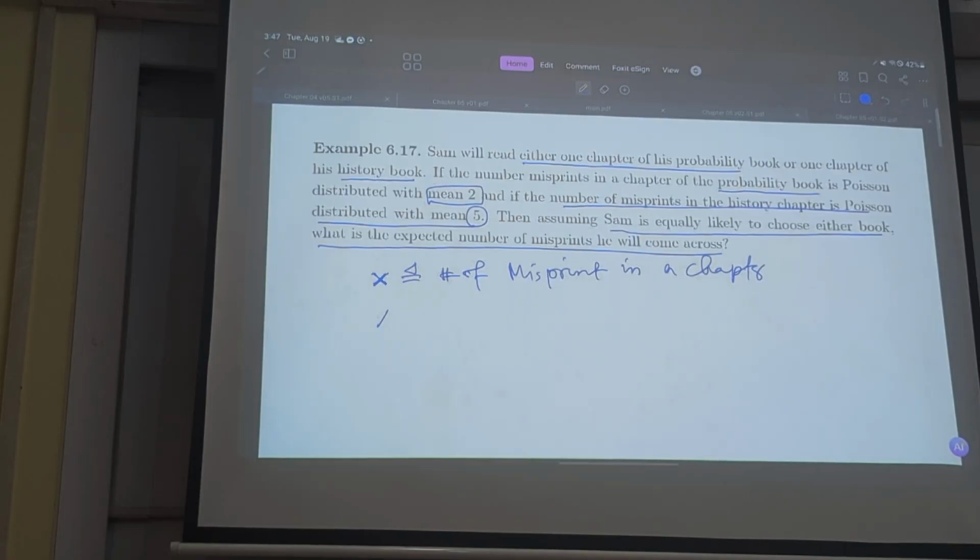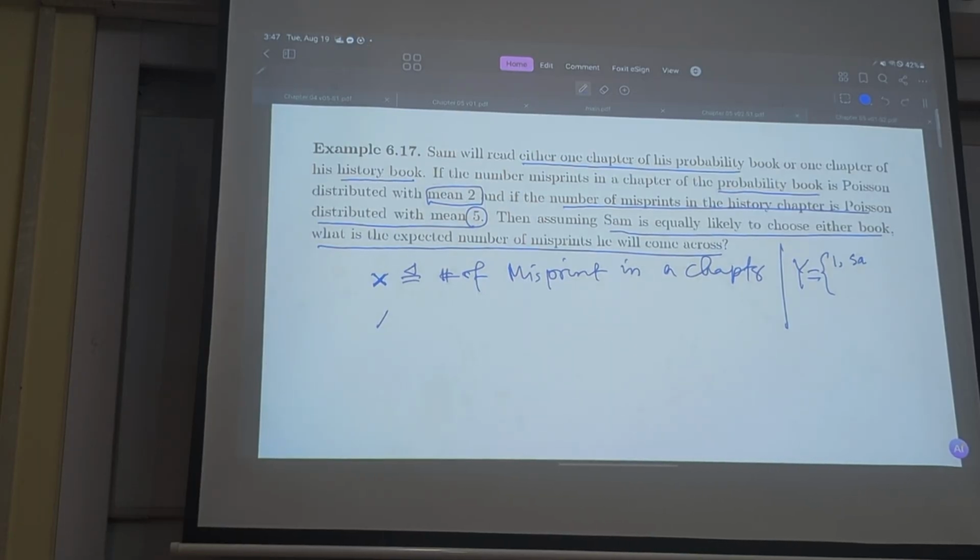Then what is Y? Y is a variable we call an indicator random variable. It is 1 when Sam reads the probability book and it is 0 when Sam reads the history book.